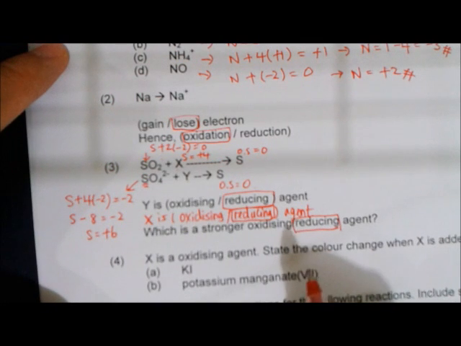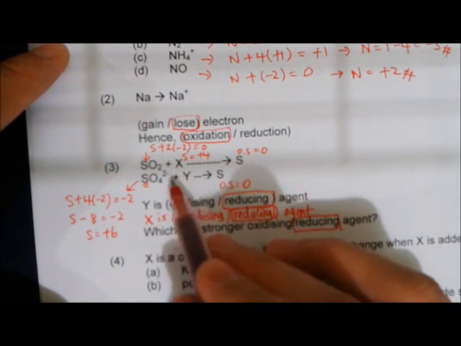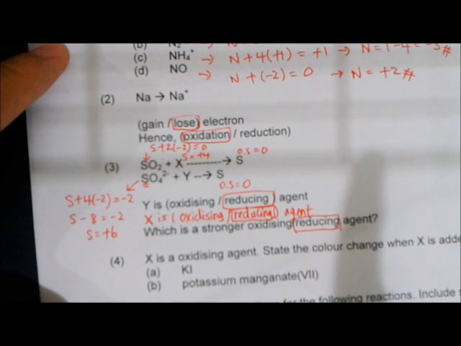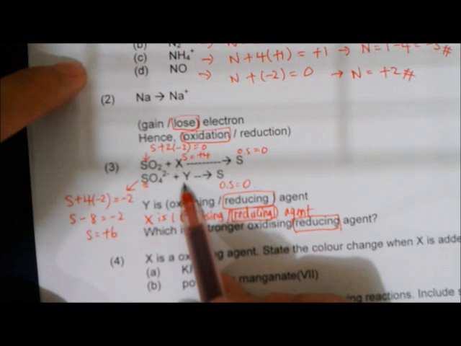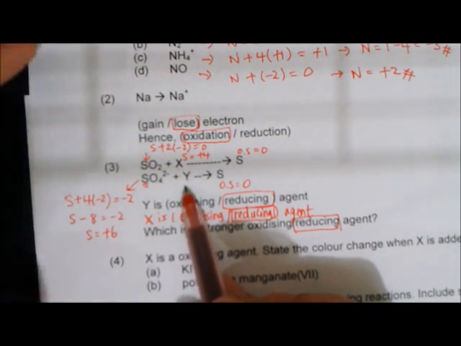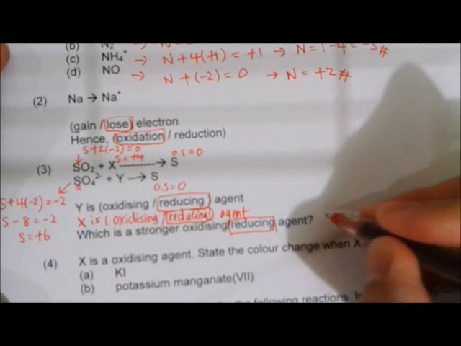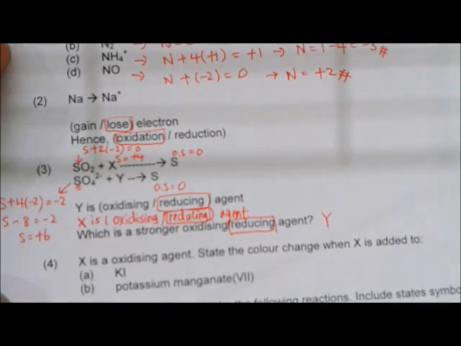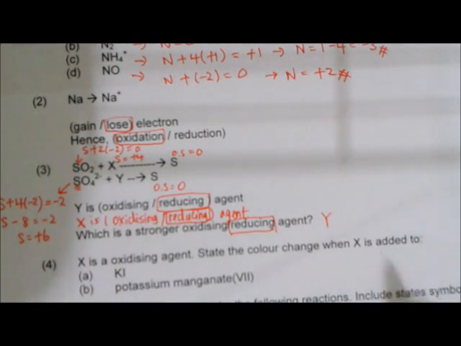A difference of 4. So which one is stronger? Y is definitely stronger because it causes a larger decrease in oxidation state. So Y is a stronger reducing agent. Now if the question asks you why, then you can say that because Y causes a larger decrease in the oxidation state of sulfur.